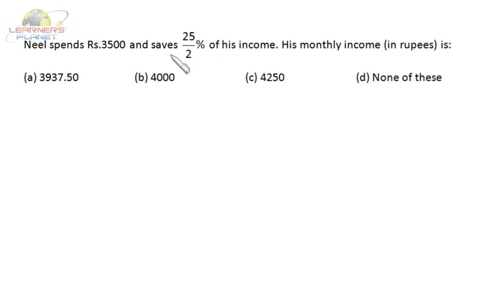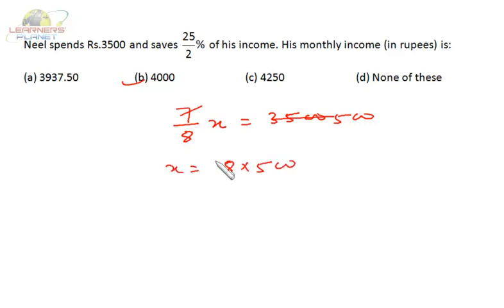Suppose his total monthly income is X. Then 7 by 8 of X is 3500, since he is spending 3500. So we can calculate it very easily. It's 4000, 8 into 500. Isn't it very simple?